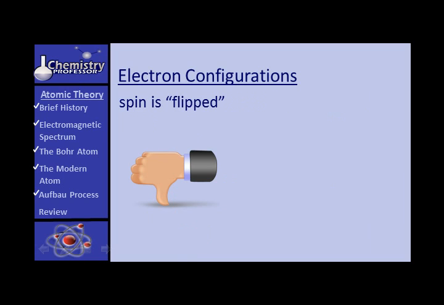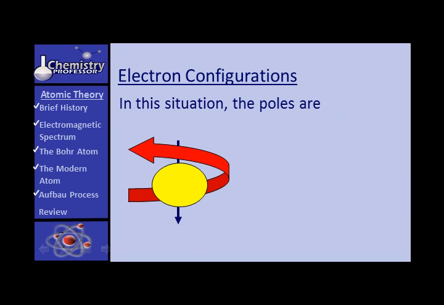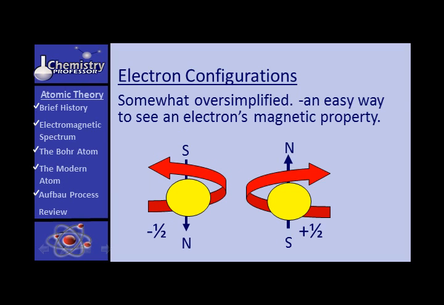Now, if we flip that hand over and the spin is in the opposite direction, we see that the poles are situated in the opposite direction. And we call this spin a negative 1/2. It takes these two spins to have a pair of spin-paired electrons.